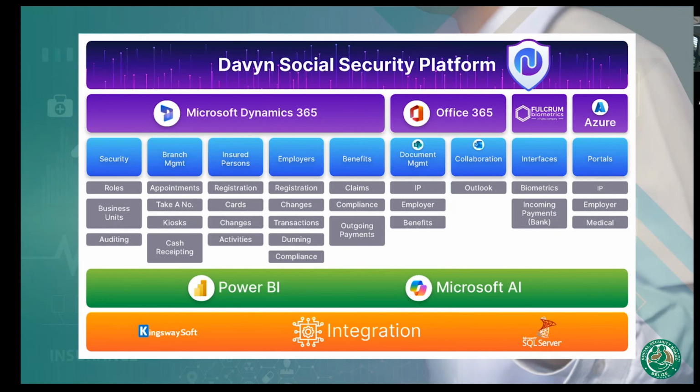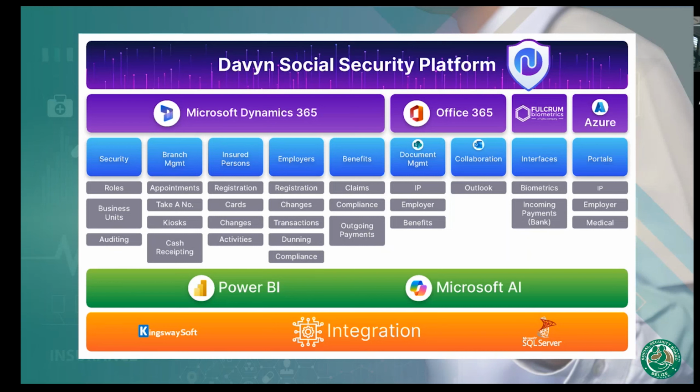Benefits, those are the core processes, as I said. And then on the right, for document management and collaboration, we use Office 365. So when you upload documents, like the paper that we use for medical certificates and so on right now, that's managed through Office 365, as I said before.